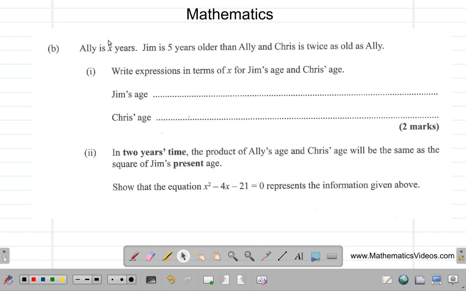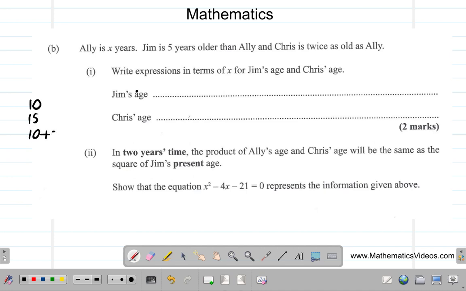So Ali is X years. Alright. So you know that already. Ali is X years old. Jim is 5 years older than Ali. So suppose Ali was 10 years old and Jim is 5 years older. Jim would have been what? Would have been 15, 5 years older.